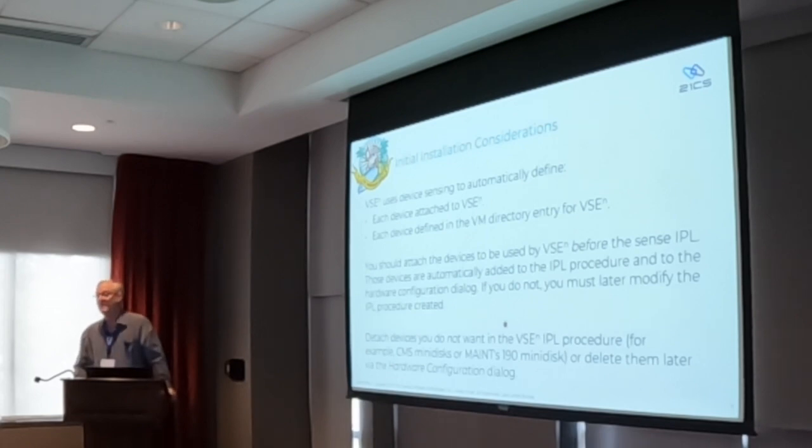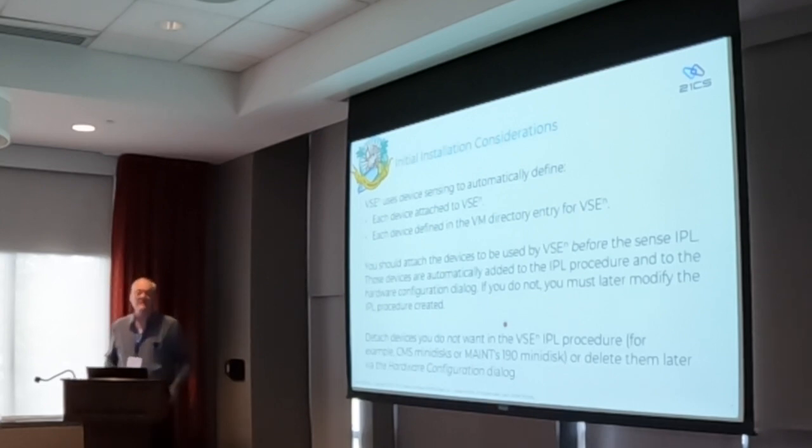When VSE is first installed, it does an automatic detect of all the hardware that's either directly attached or assigned to it under the VM directory. Before you install VSE, you should try to have all the devices that you want to use attached to let it automatically detect them.